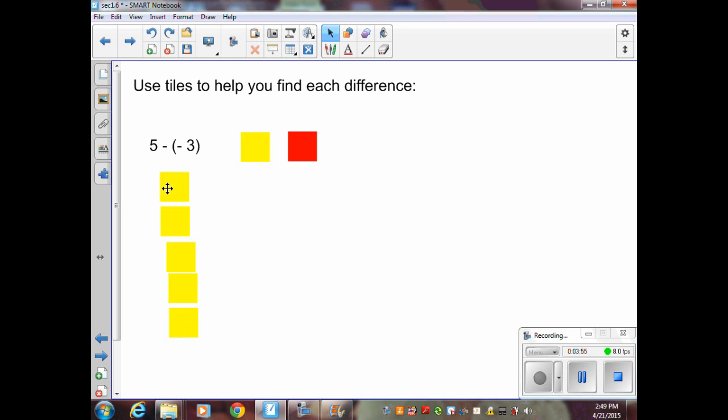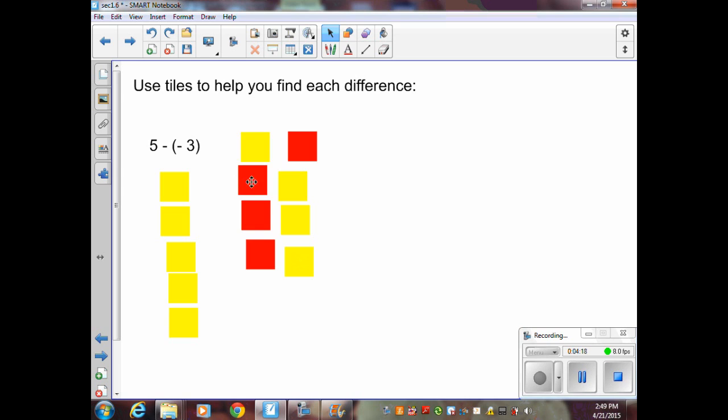But notice in this problem, I have 1, 2, 3, 4, 5 blocks, but I don't have any negative 3 blocks to take away. I need to bring over 3 negative blocks. But when I bring over 3 negative blocks, I need to associate that with 3 positive blocks because I want to add zero pairs. Adding zero pairs doesn't change this part of the problem.